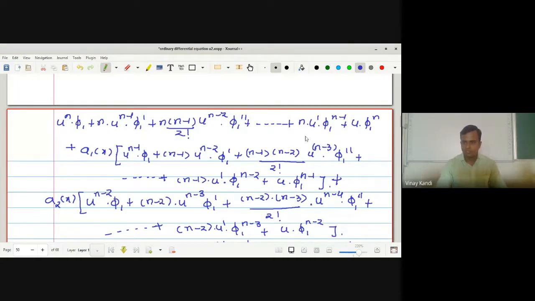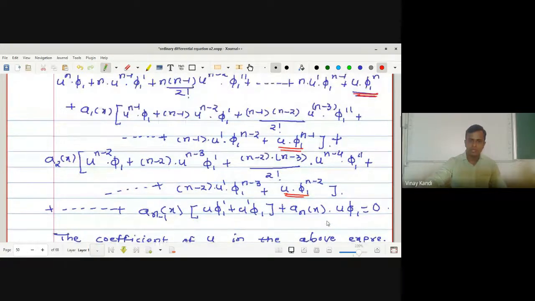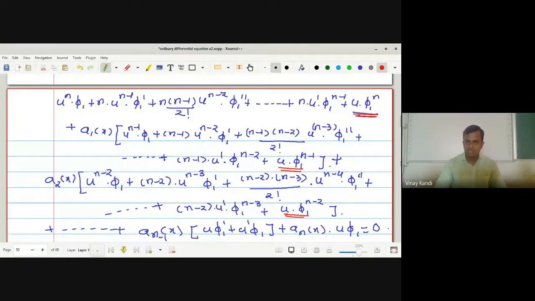Here the coefficient of u is phi 1 raised to n, phi 1 raised to n minus 1, phi 1 raised to n minus 2. This is the coefficient of u.